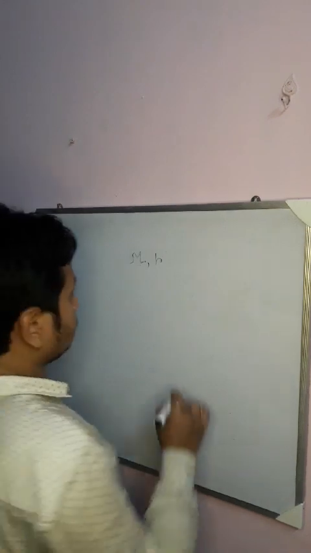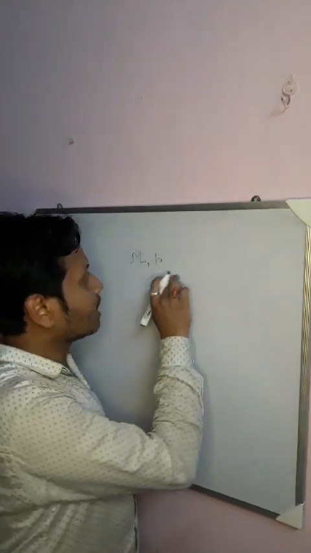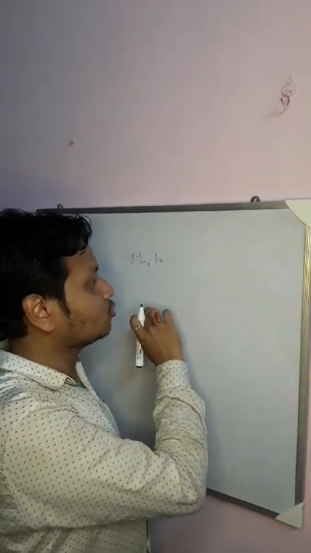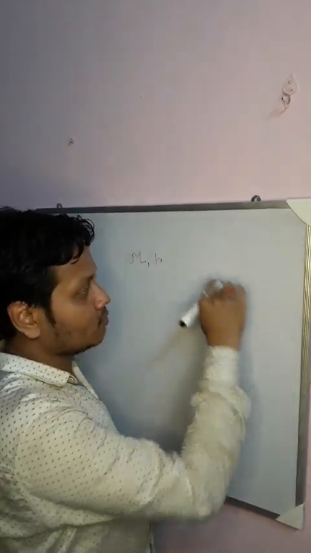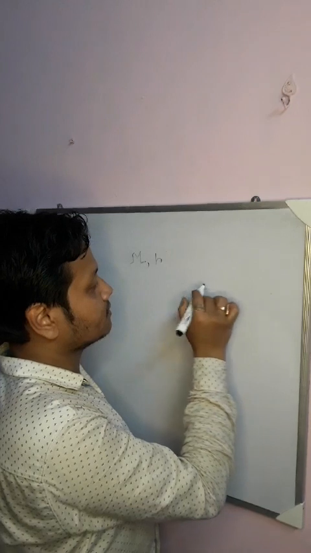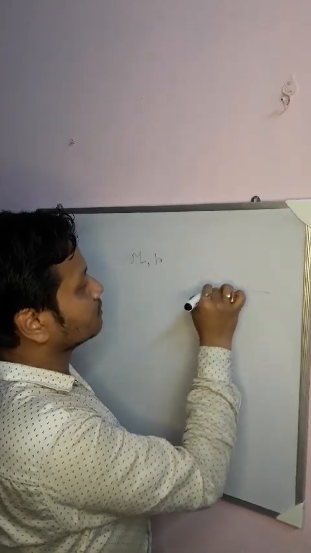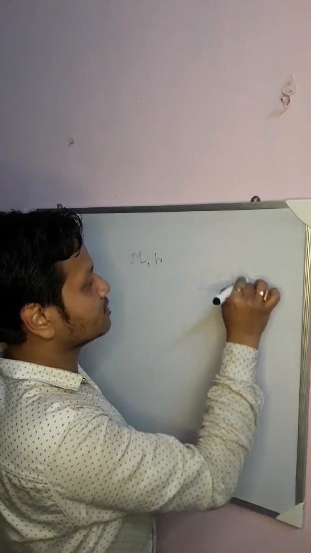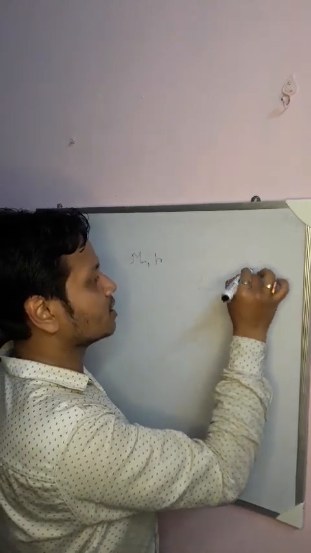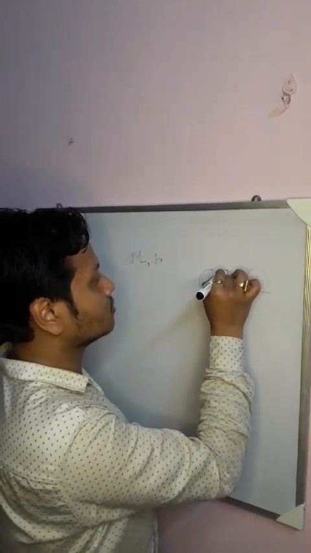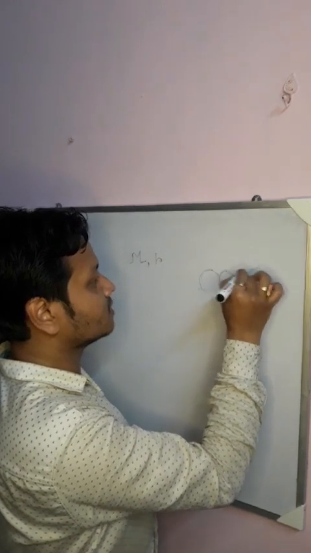So that means a circular disc of mass m and radius r is set to roll on a table, this type of diagram. The marker is finished, so I have to buy a new one, sorry for this. So this is the diagram.